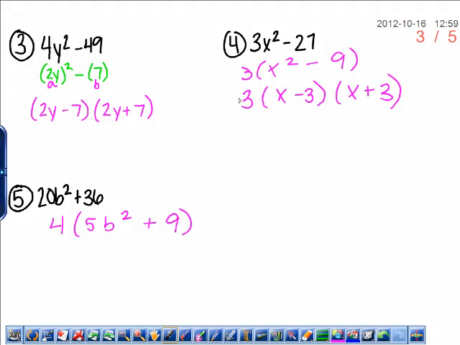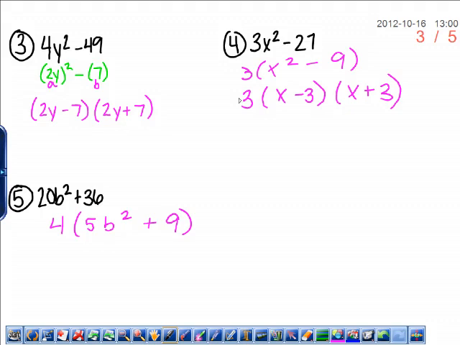What happens next? Yeah, that's as far as we can go here. Why? Okay, that is one reason. 5 is not a perfect square. There's another, almost more important reason. Blake?